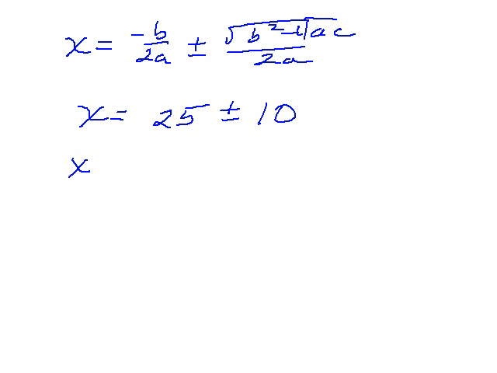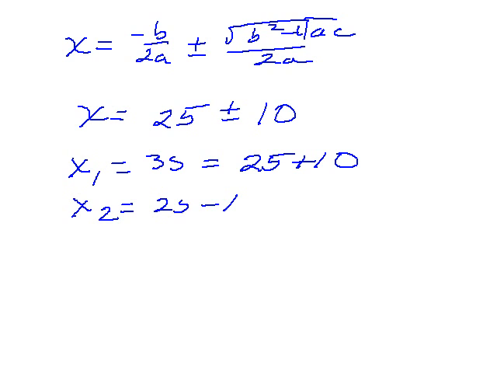That means x1 is going to be 35. I'm going to write it like this, 25 plus 10, and x2 is 25 minus 10, that's 15. From what I told you before, this minus b over 2a is h, so this term is the h. And here's x1 at 35 and x2 at 15.